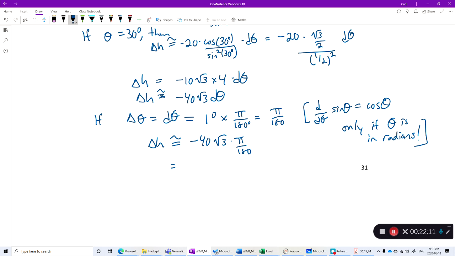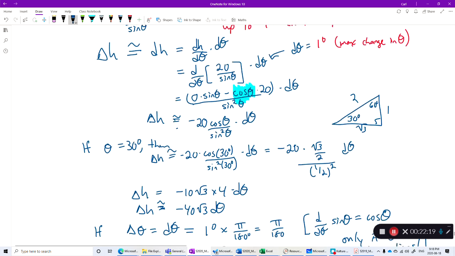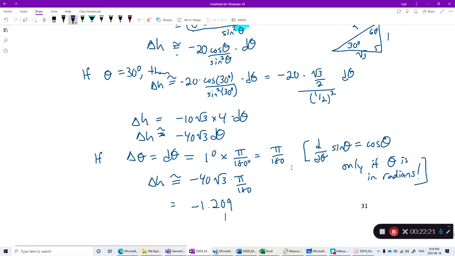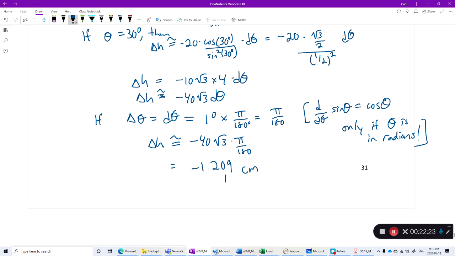Negative 1.209. What would the units be here? Change in height would be centimeters, right? That's what we're using. So the maximum error in height is approximately negative 1.2 centimeters.